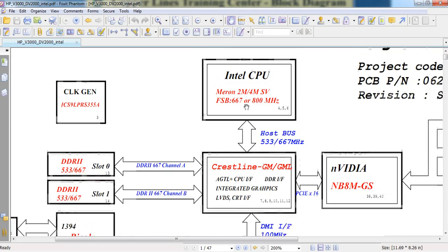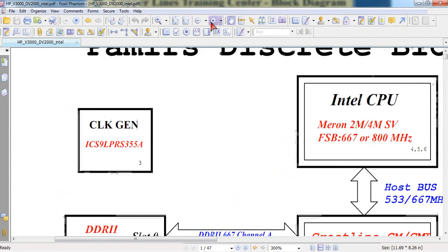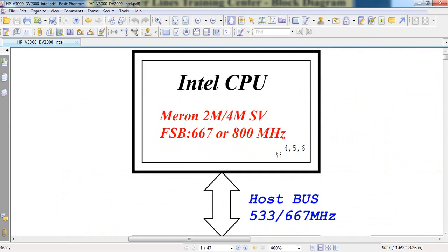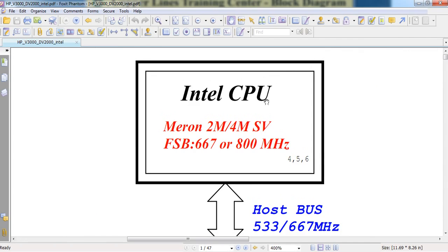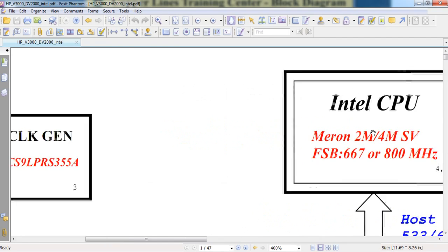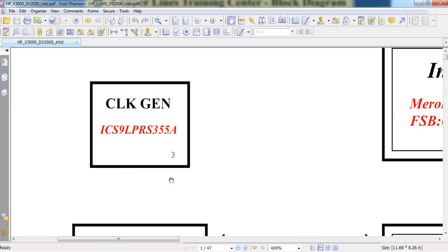The complete details about the CPU signals and voltages are given on page numbers 4, 5 and 6: the sending signals, receiving signals and supply voltages, everything. This is the clock generator. All the details about the clock generator are on page number 3.